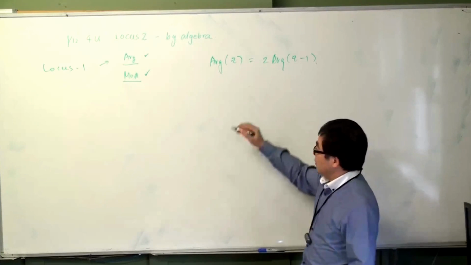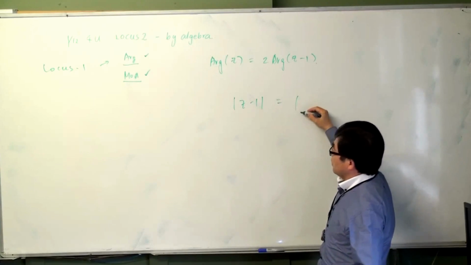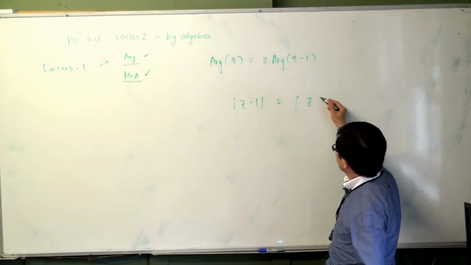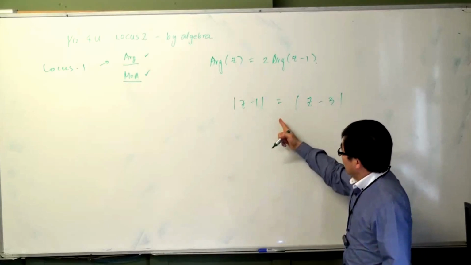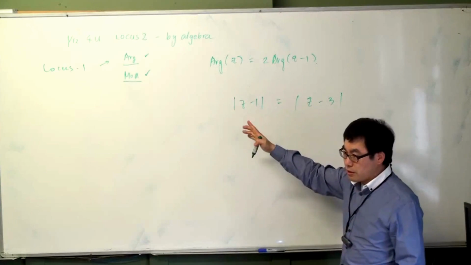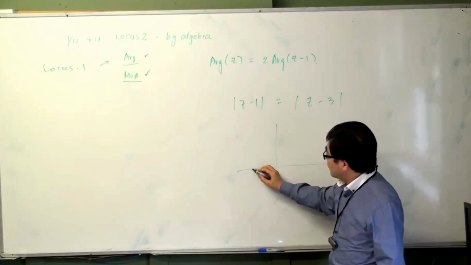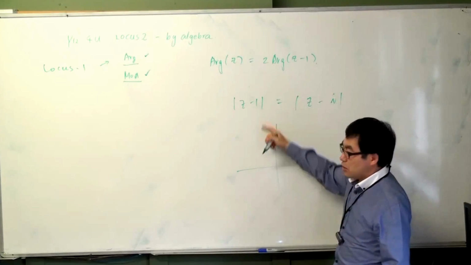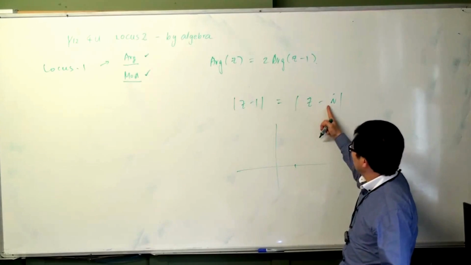If you're stuck, another example is, say, this modulus related one. If you interpret it, modulus means distance. So distance from 1 is the same as distance from i.